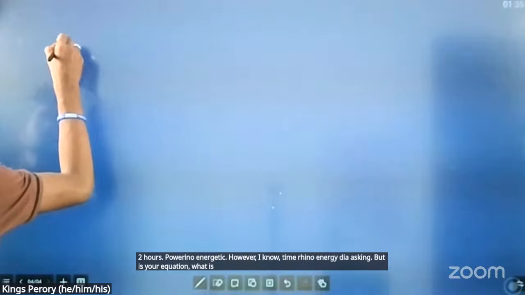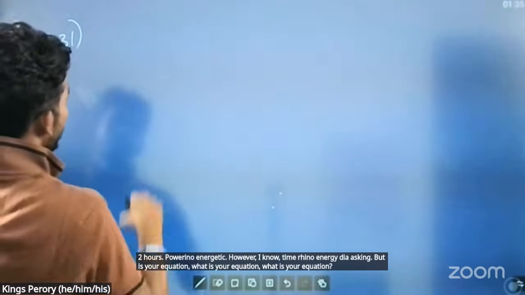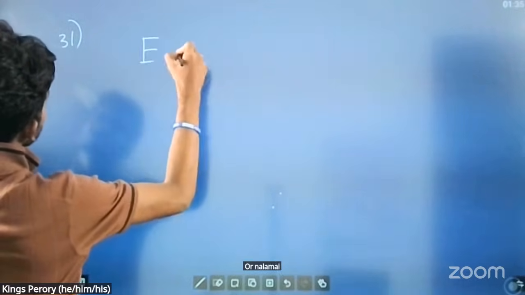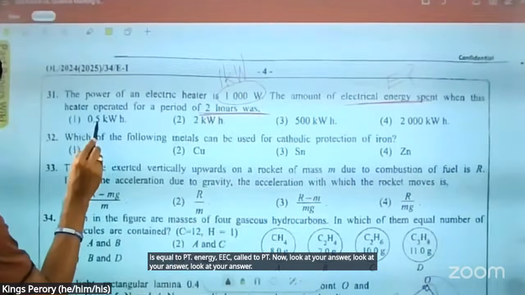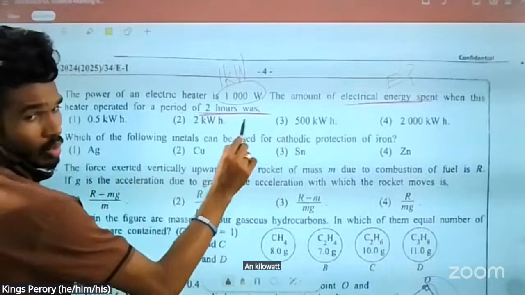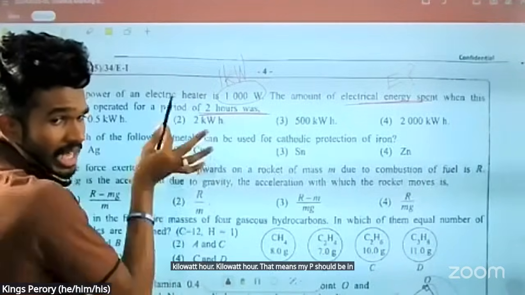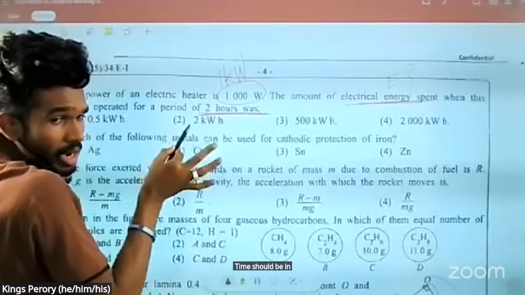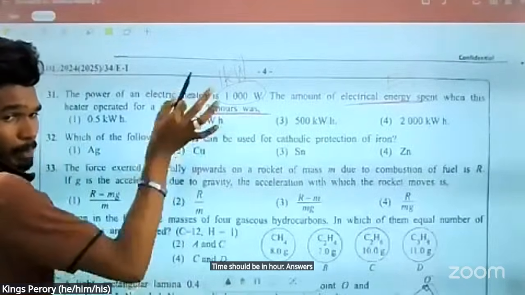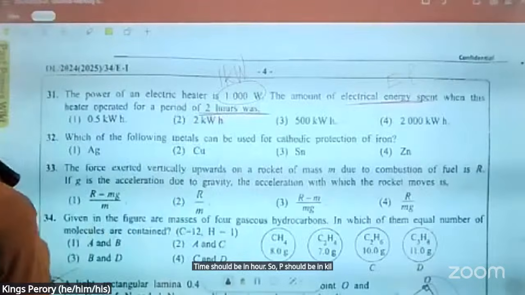What is your equation? Energy E is equal to PT. Now look at your answer. Answers are in kilowatt hour. That means my P should be in kilowatt and time should be in hour.